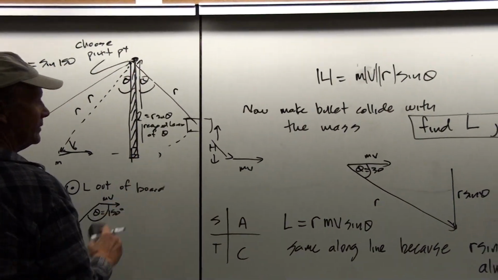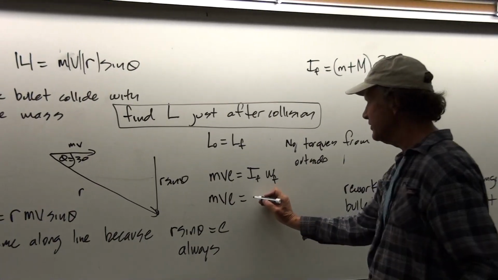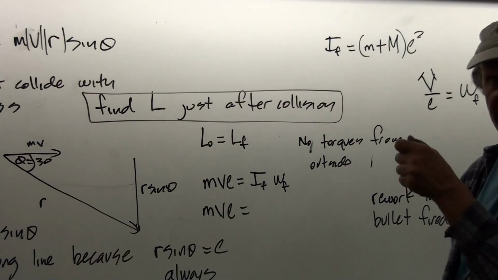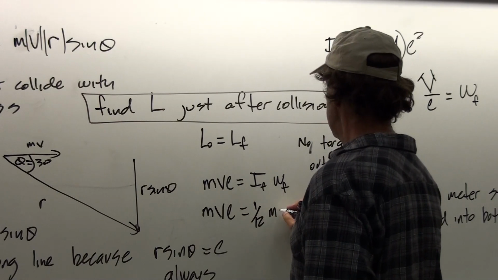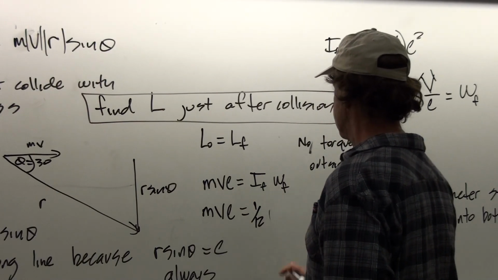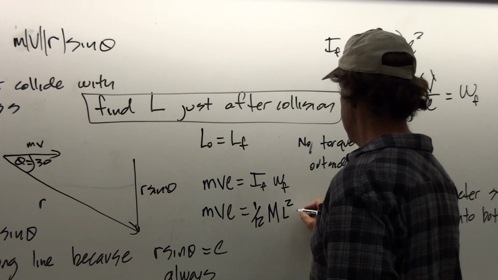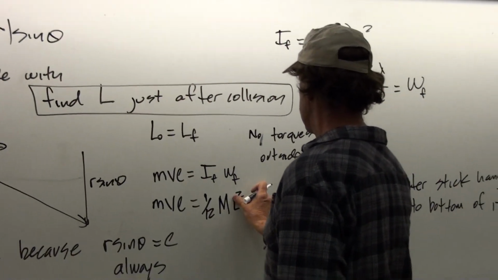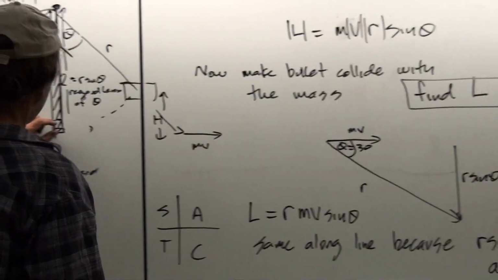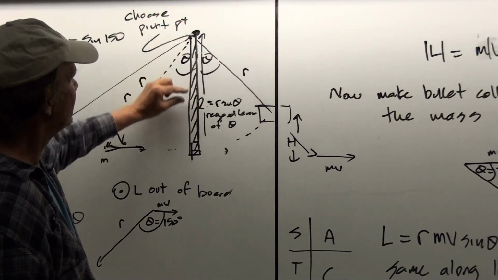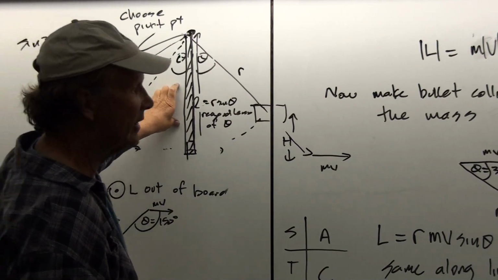Then what's my omega final going to be equal to? Well, it's going to look just like this equation, but with a moment of inertia of the mass rotated about its edge. So I final would be 1/12 big M, where M is the mass of the meter stick, times L squared plus little m times L squared, because we have a point mass at the end that has a mass little m, and we've got a longer stick that has a mass big M and a length big L.